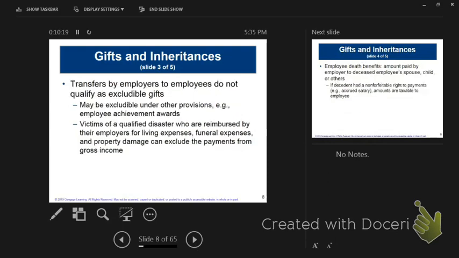All right, transfers by employers to employees do not qualify as excludable gifts. So they can be excludable under certain cases, but your employer has to be very careful when they give you a gift. It's not the same thing as your parents saying, like my dad gave us his van, all right?